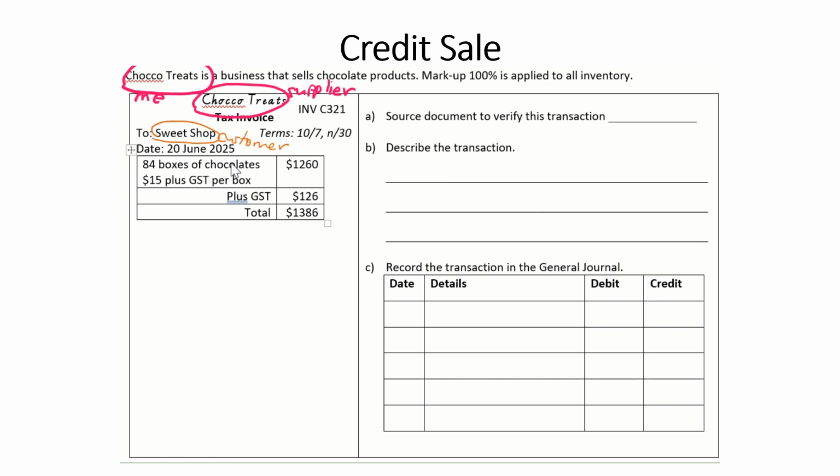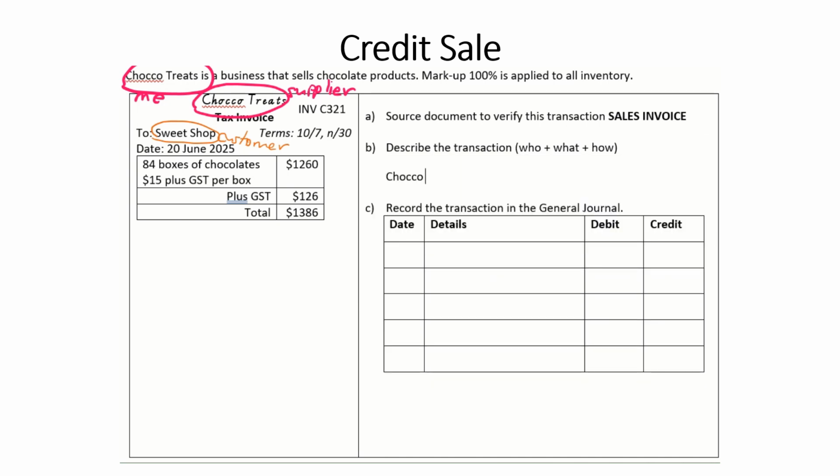Since this is a sale that Choco Treats has made, the source document that is used to verify this transaction is what we call a sales invoice. Now to describe this transaction, we are going to address the who, what, and how.